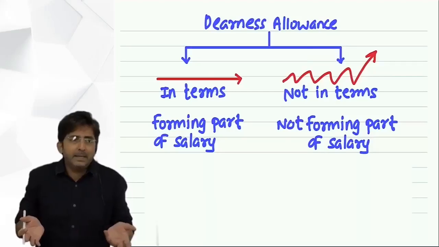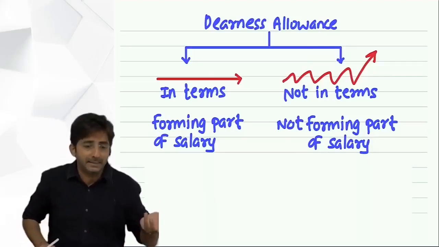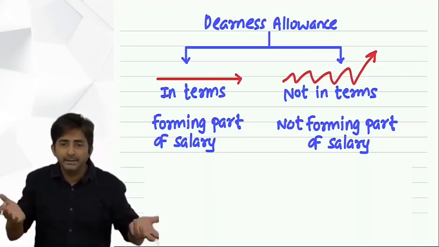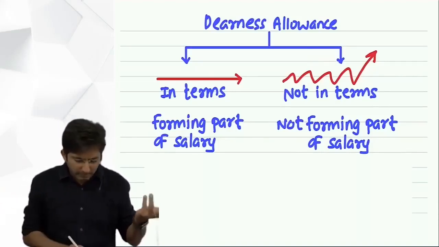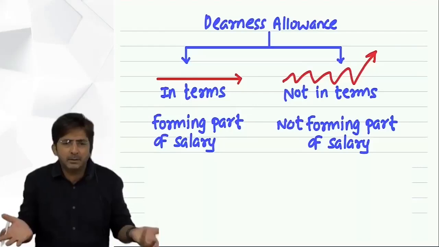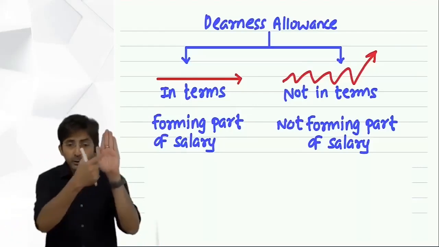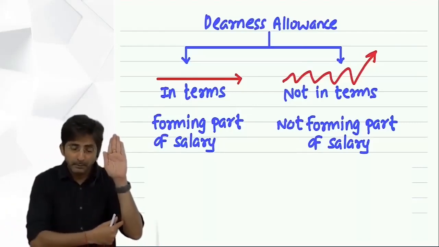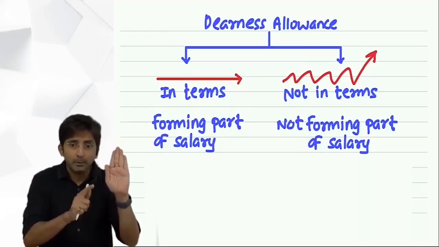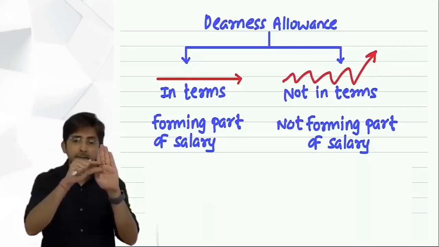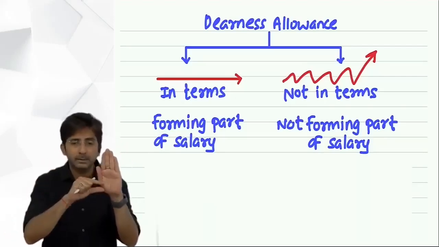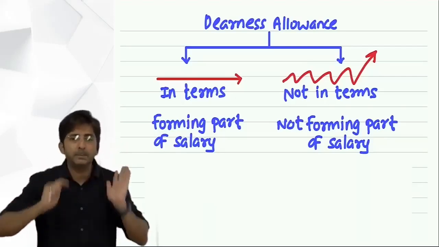It has the same nature as basic salary has. That's why we say it's part of basic salary. But actually when you see your salary slip, the company gives you a salary slip or not? In this salary slip you will find a separate item: basic salary this much, dearness allowance this much. But the nature of that is same as basic.